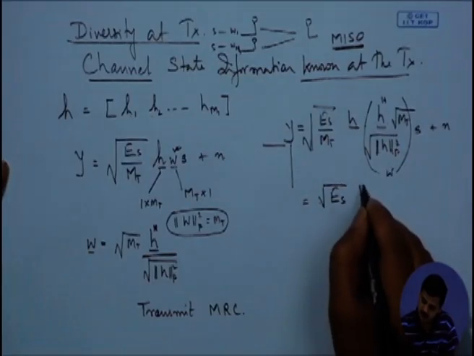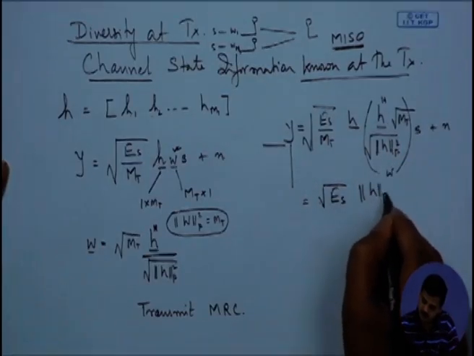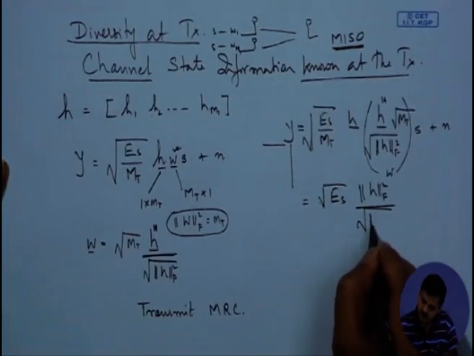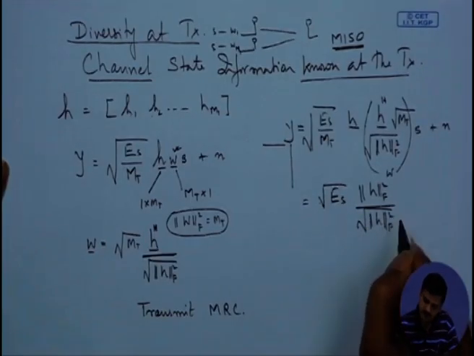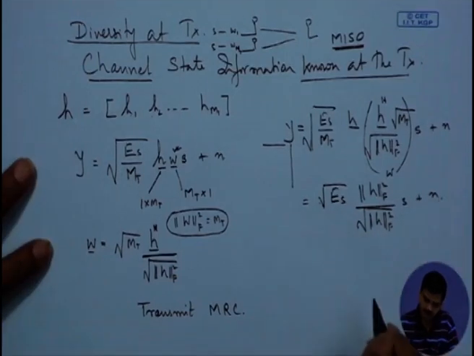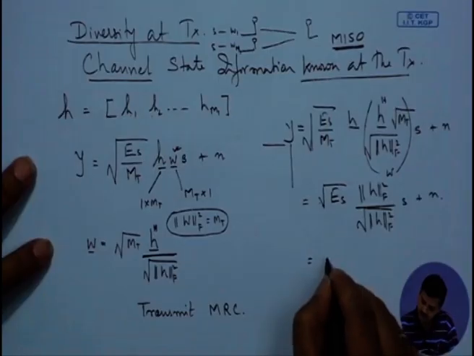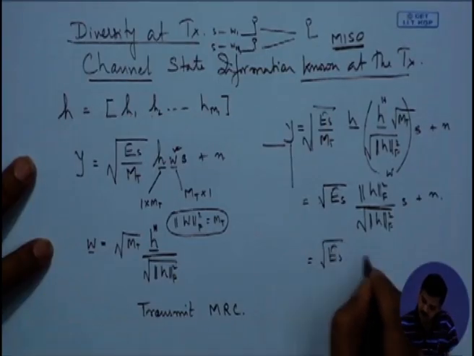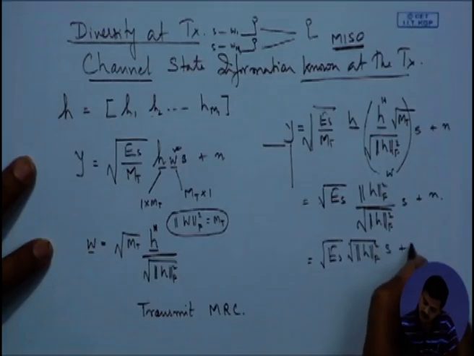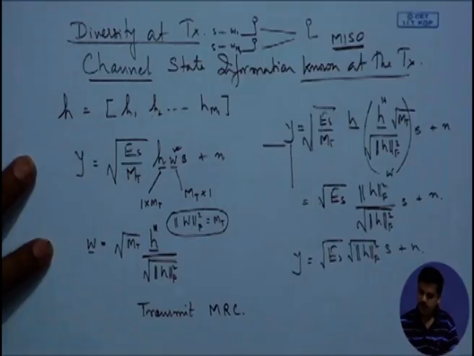This is basically the Frobenius norm of H squared divided by the Frobenius norm of H, times S plus N. So essentially what we have is root over Es times the square root of the Frobenius norm of H squared, times S plus N. This is the received signal.